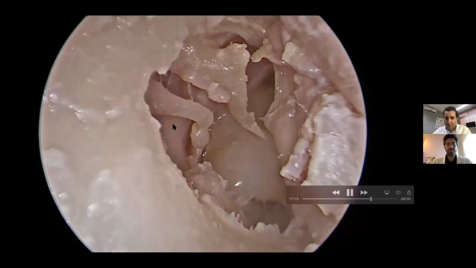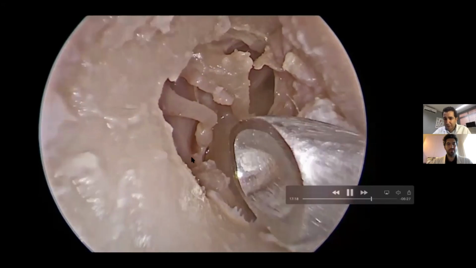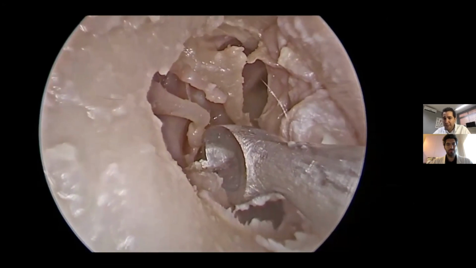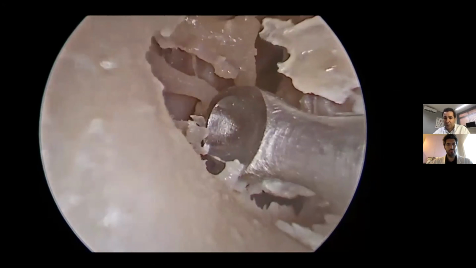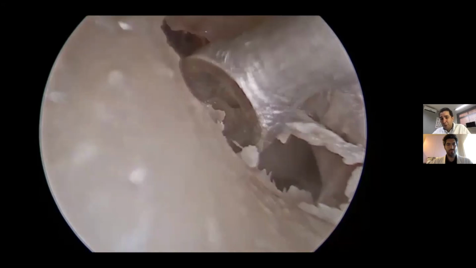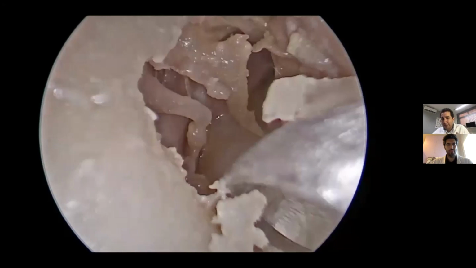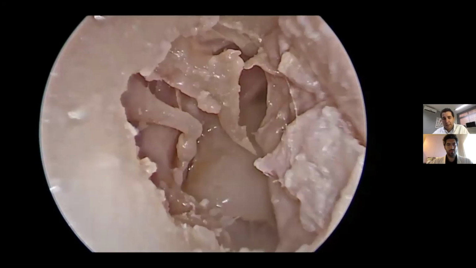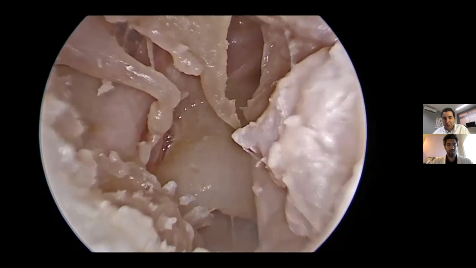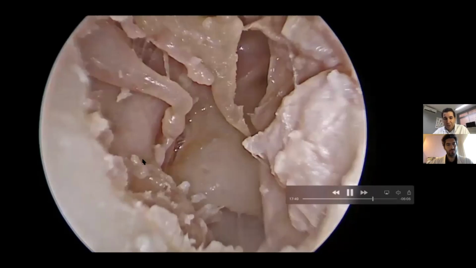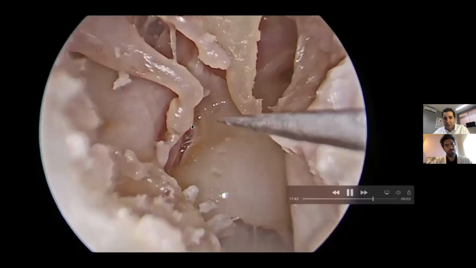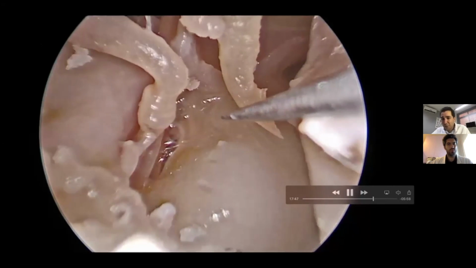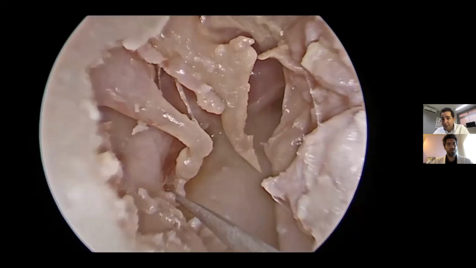So facial nerve, you can see here the tympanic segment, facial recess. You can curette a little bit more to expose more the facial recess, and then see if there is cholesteatoma. But look, even when we curette, it's not a big curettage, it's not a big bone removal, because we are using the angled endoscope, and preserving the ossicular chain, even doing this small curettage, we can see the facial recess here, anterior crus, posterior crus, and we could see in the past also the region of the mastoid antrum, preserving the incus.